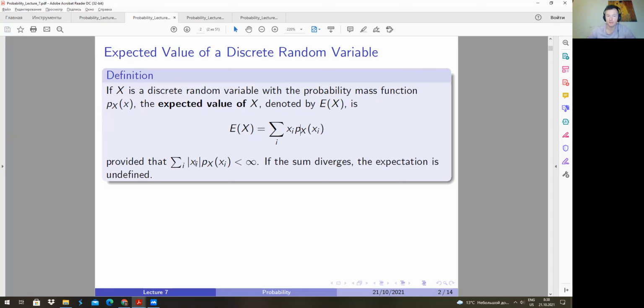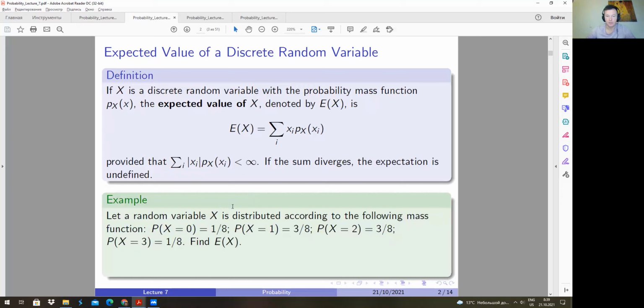That's why this sum, if we take the absolute value of x, so this is just a formal condition, must be finite. And if the sum diverges, the expectation is undefined. We have some random variables with undefined expectation.